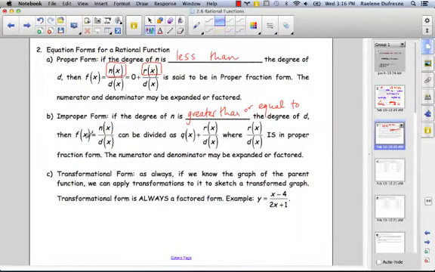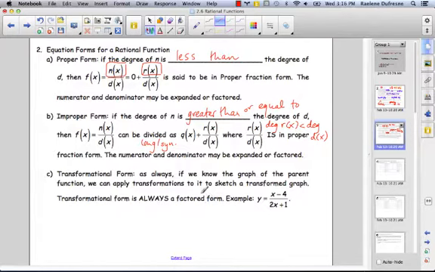And in that case, f of x equal to n of x over d of x can be divided using long or synthetic division as q of x plus r of x over d of x, where once we've divided properly, r of x over d of x will be in proper fraction form, meaning that the degree of r is less than the degree of d of x. The numerator and denominator may be expanded or factored in this form as well.